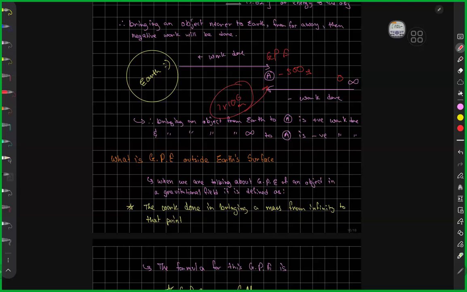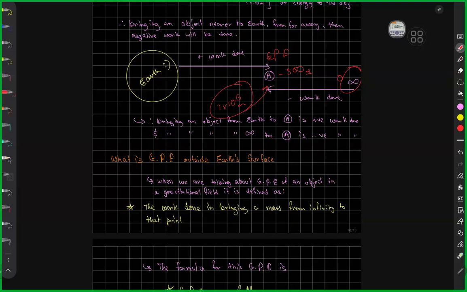The GPE defined at 1 into 10 to the power 6 meters away from Earth is defined as the work done on the object A as it was brought from infinity to this defined point. That is 1 into 10 to the power 6 meters away from Earth.